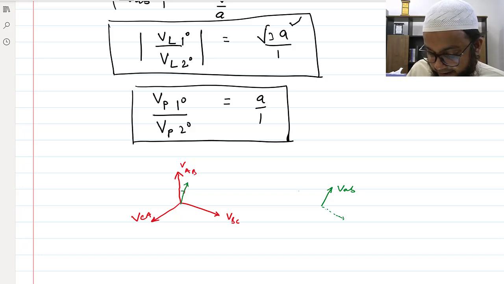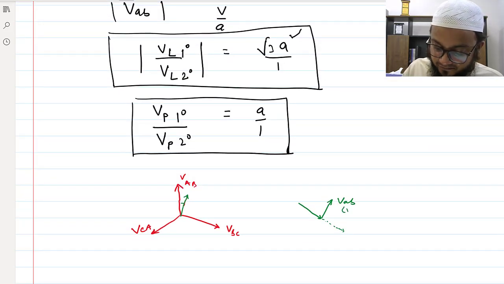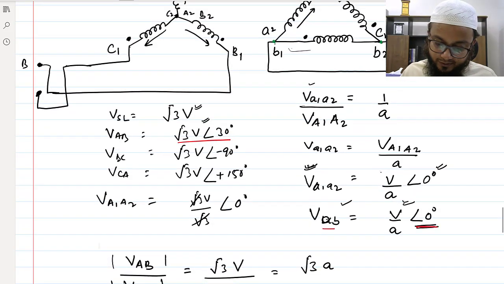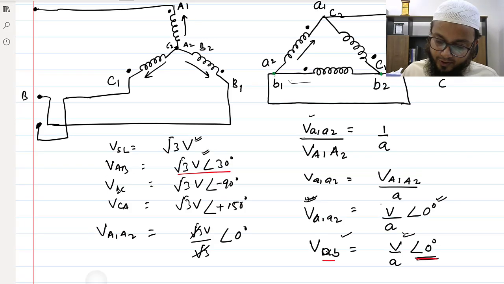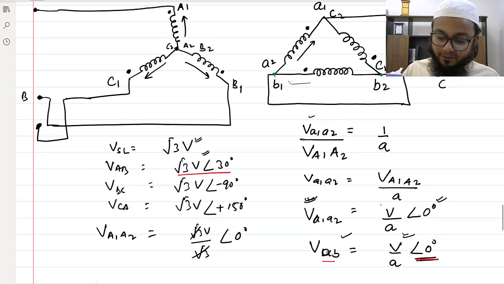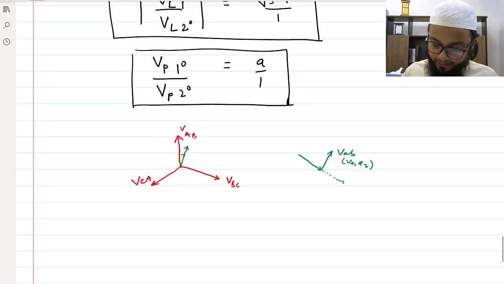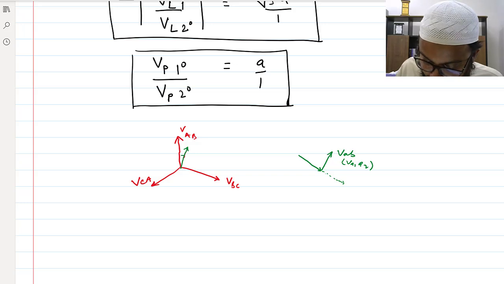So we will be drawing B1 and B2 here. So this is AB and this is equally VA1, A2. And what we have used here, A1 we have used for terminal A, and A2 we have used for B. So I would say A1 is here and A2 is here.